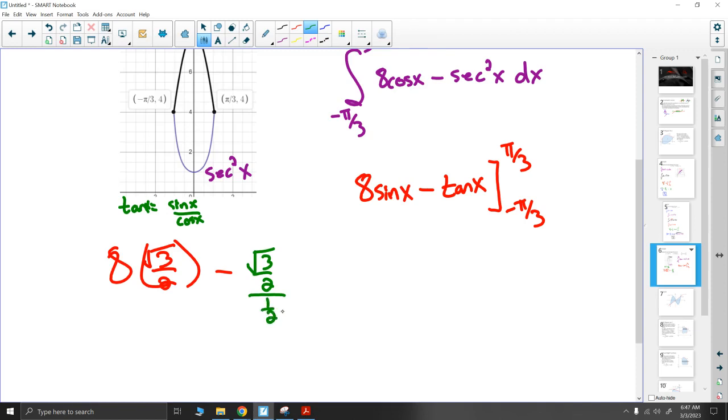Now, that's the same thing as saying times 2 over 1. So we'll go ahead and just write that. Times 2 over 1. And if you notice, that's just going to be square root 3. So that's nice. Minus, okay, now we're going to do our negative pi thirds.